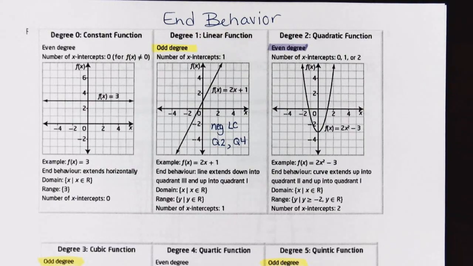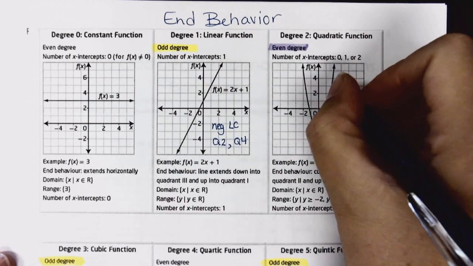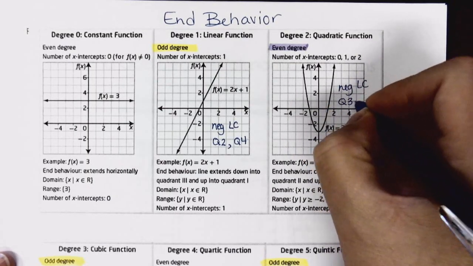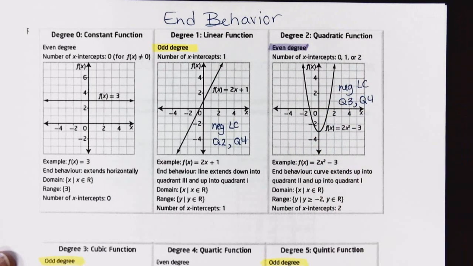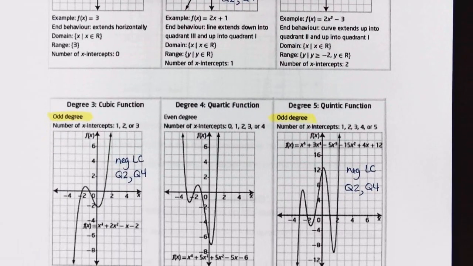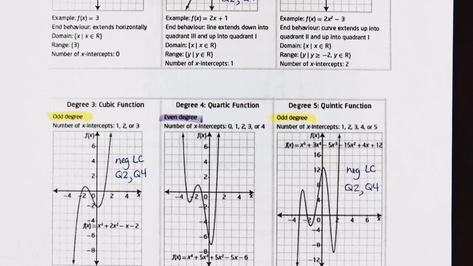Quadrant 1 and 2. If my coefficient is negative, Quadrant 3 and 4, my parabola opens down. So a negative leading coefficient ends in quadrants 3 and 4. That would be the exact same thing for this even function, the quartic function.